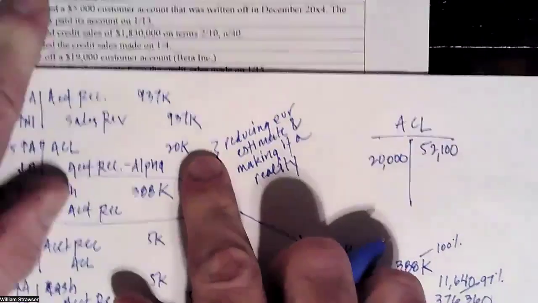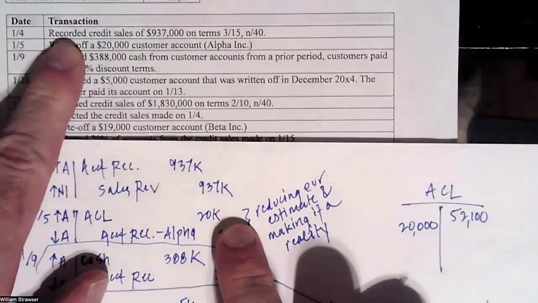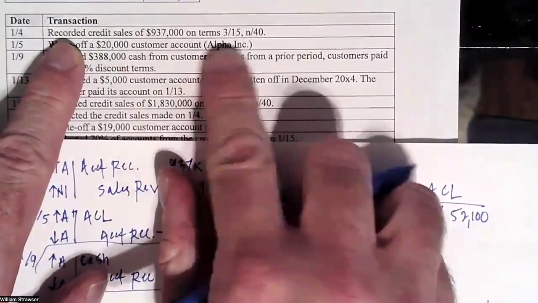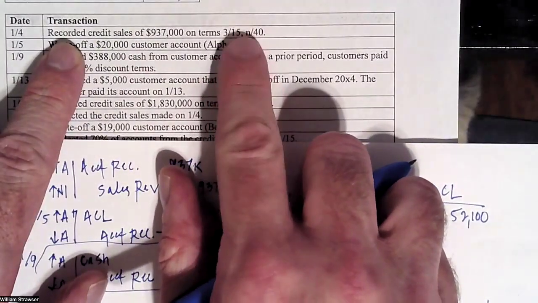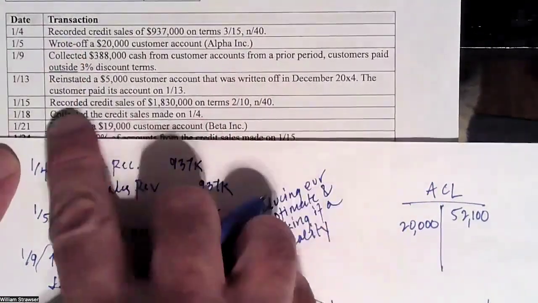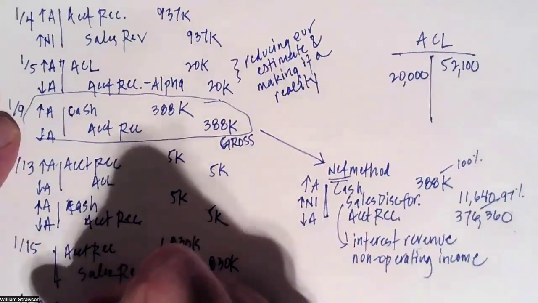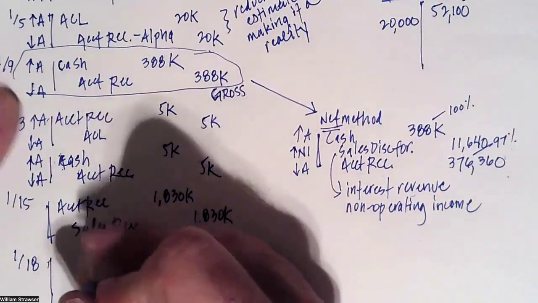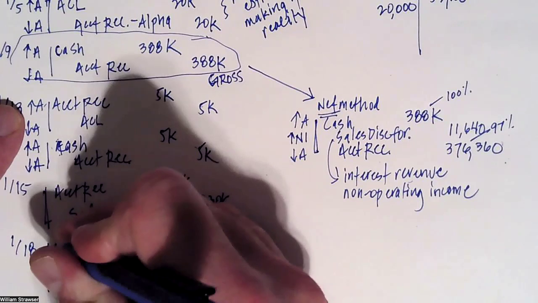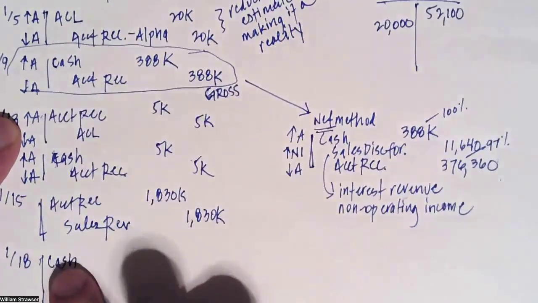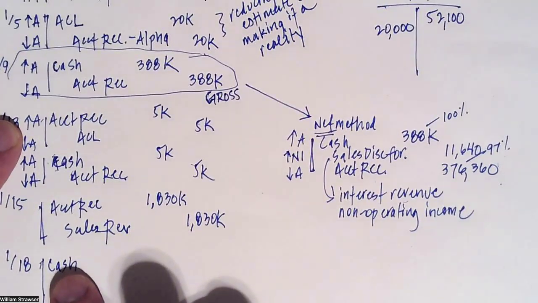All right, so we collected from credit sales recorded 937 million, 3% off if they pay in 15 days. Did they pay in 15 days? They did. So we record all those accounts coming back in cash, but they paid cash within the discount.